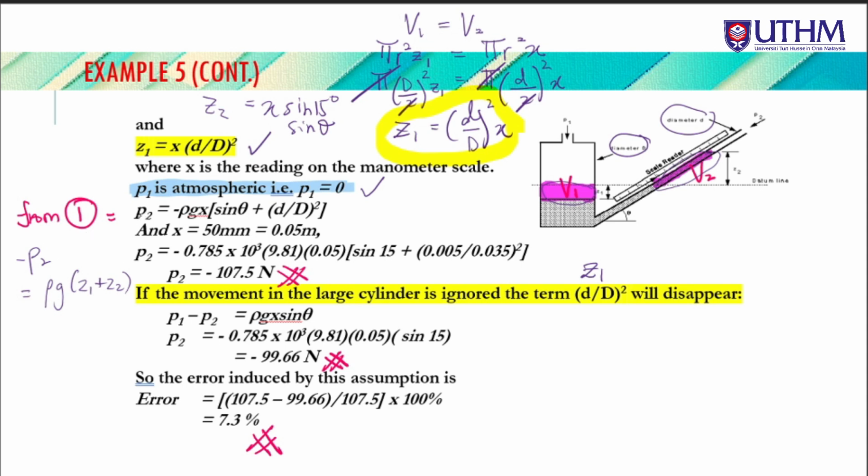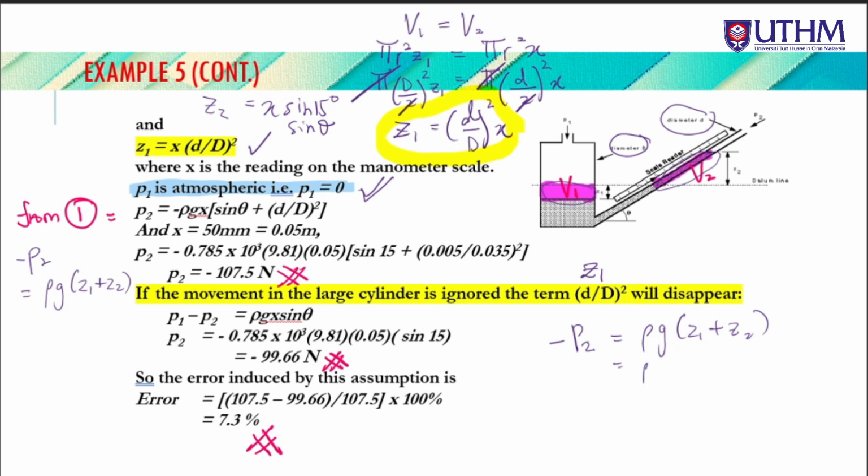So minus P2 ni kita bawa move to the right hand side. So dia akan jadi rho G X sin theta plus D over D squared. Since yang ni kita dah consider P1 equals to 0 kan, minus P2 equals to rho G (Z1 plus Z2).